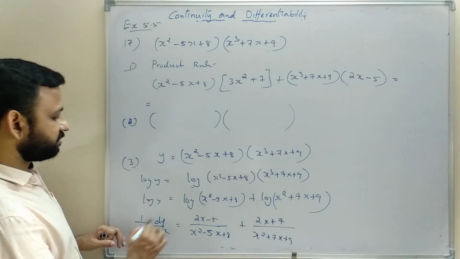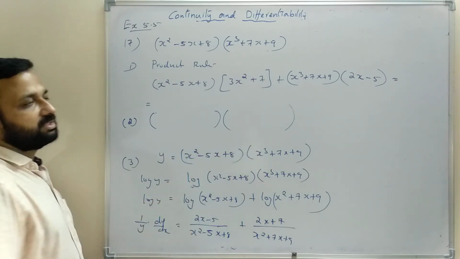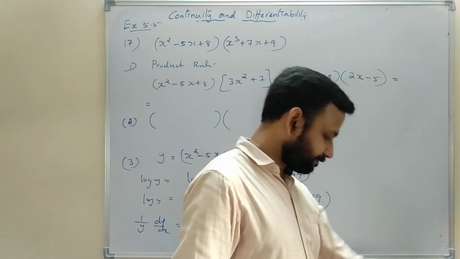Therefore dy by dx will be y into this, where y is this expression, so we can simplify. So we will get the answer to question number 17.